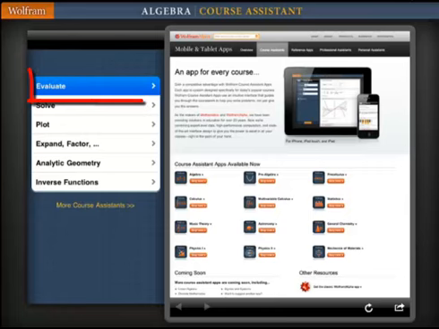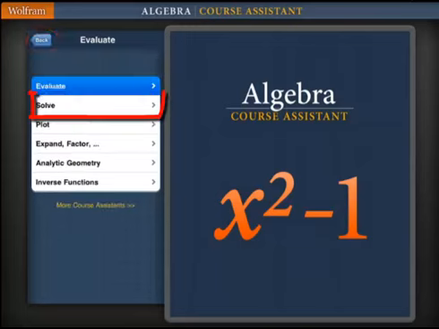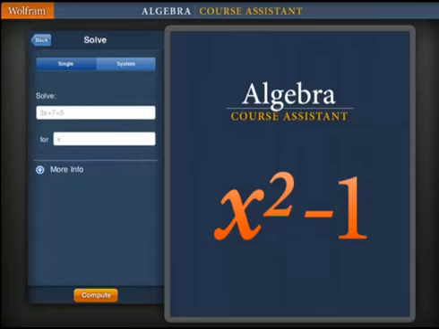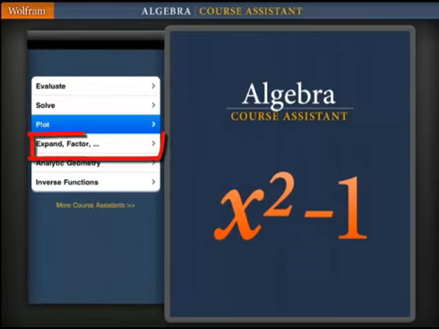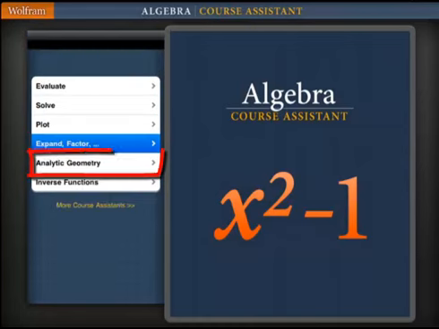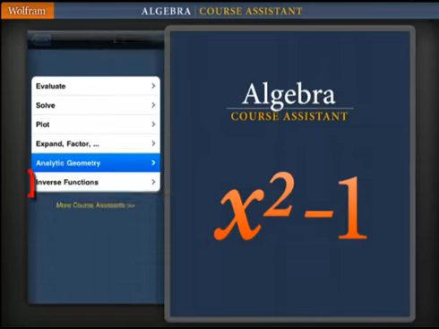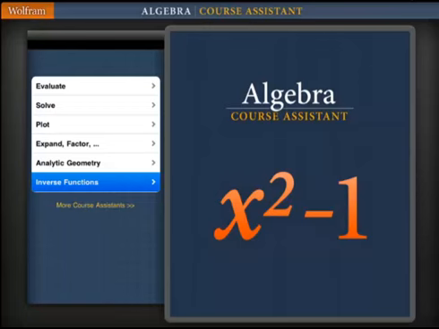You can see from the interface over here that we have evaluate, which has some subfunctions, and we'll take you through these in just a few minutes. Some solving functions, some plotting functions, simplify, expand, factor, divide functions, some analytic geometry, and some inverse functions as well.